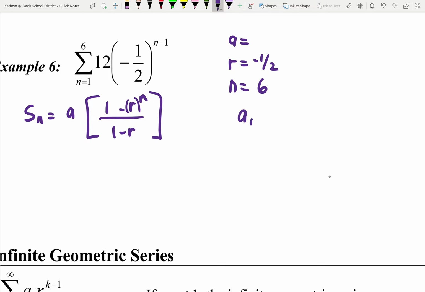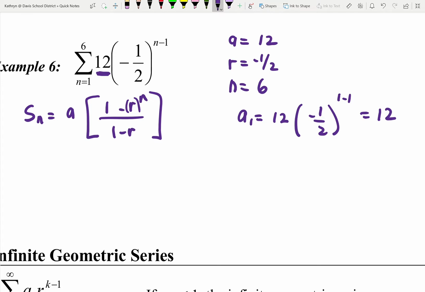So everybody go, A sub 1 is 12 times -1/2 to 1 minus 1. Well, 1 minus 1 is a 0, and -1/2 to the 0 is a 1, and then I just get a 12, okay? So this number in front is always going to be your A, okay?